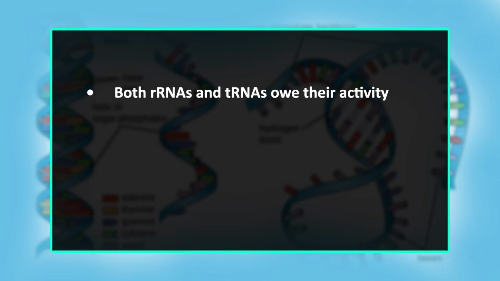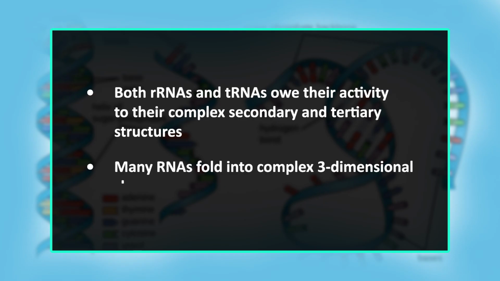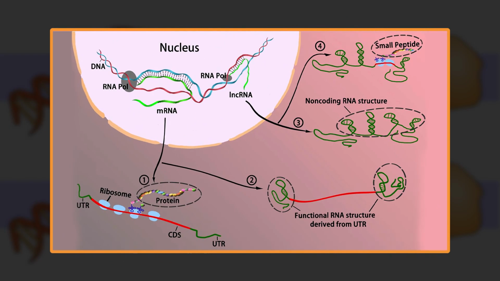Both rRNA and tRNA owe their activity to their complex secondary and tertiary structures. Many RNAs fold into complex 3-dimensional shapes. The mRNA is known as coding RNA, while all other RNA types are known as non-coding RNAs. A non-coding RNA, or an ncRNA as it is abbreviated, is a functional RNA molecule that skips this last step and is not translated into a protein.